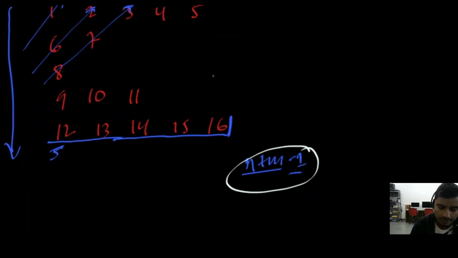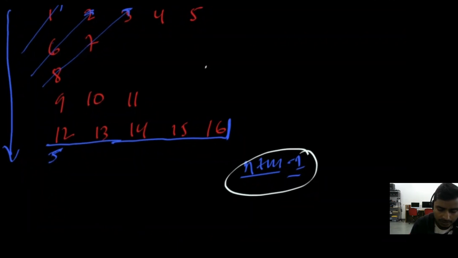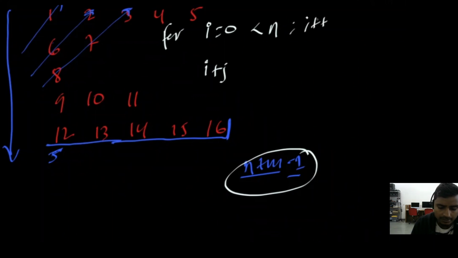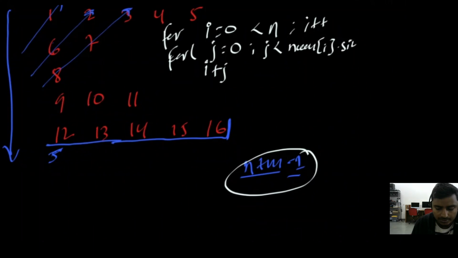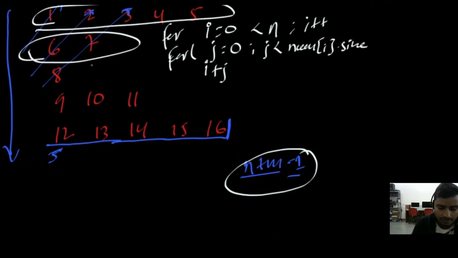We'll store them by the position i plus j, so we'll run two loops: for i equals 0 to the row size, let's say n, i plus plus, and then for j equals 0 and j less than nums[i].size, the size of the ith row every time.